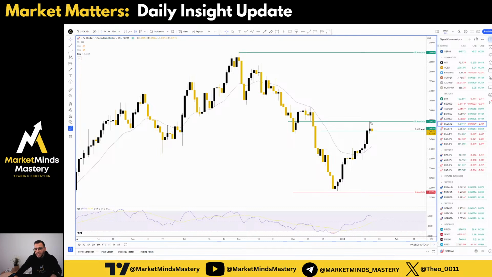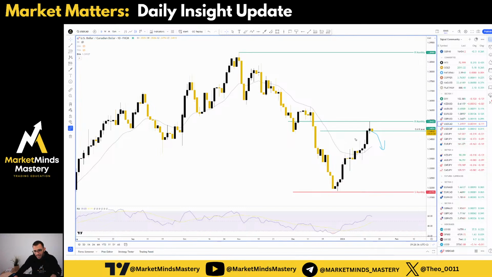Now, if this shooting star doesn't cause the price to collapse and move to the downside quite aggressively, like the price you see at resistance here, look at this, it moved aggressively to the downside, from there it moved within a couple of candles. You want to see the price moving away from the resistance with significant strength.